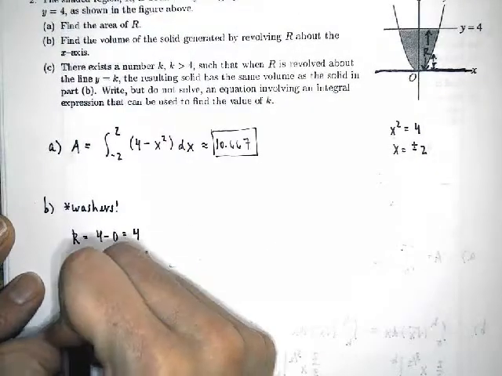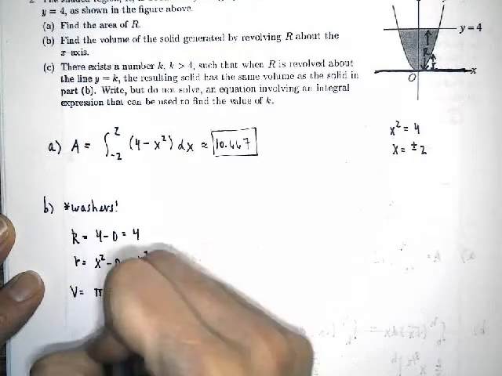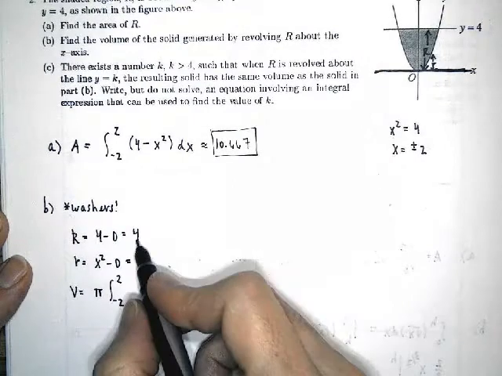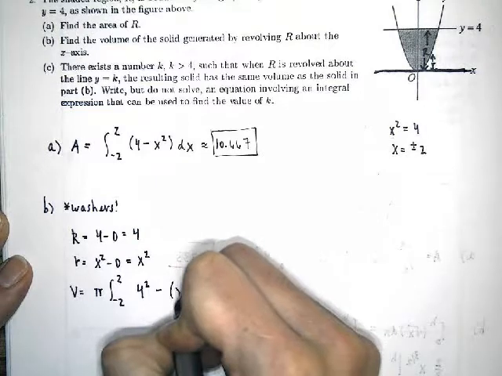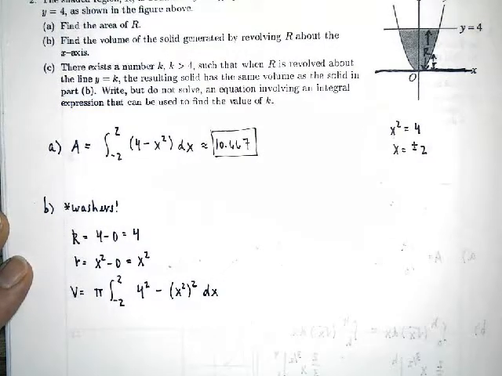So now to find the volume, we know we have to do pi times the integral. Again, my limits are negative 2 to 2 because I'm going about x. I'm going to have my big R squared minus my little r squared, and I'm integrating with respect to x.